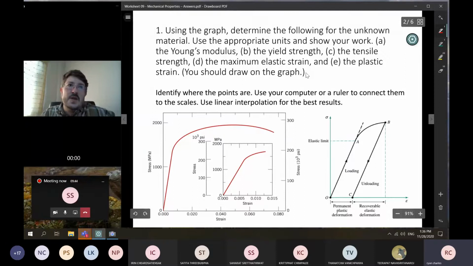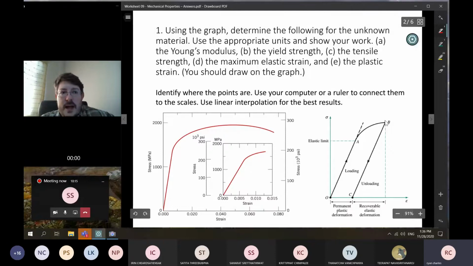And then elastic strain and plastic strain. If you look around, you might see a graph labeled like this, where I pointed out in the beginning of that lecture. You go up, and if you unload it, you're going to recover the elastic strain, but you'll have some permanent plastic deformation.